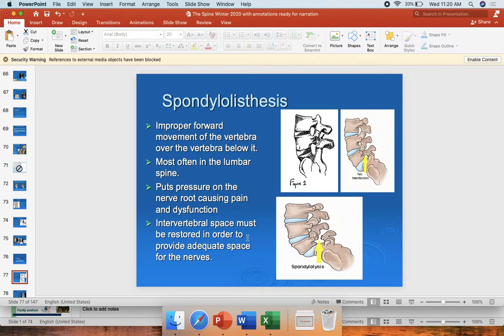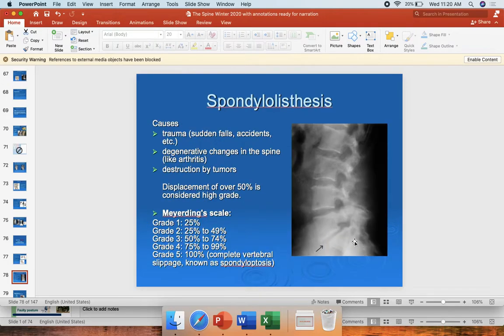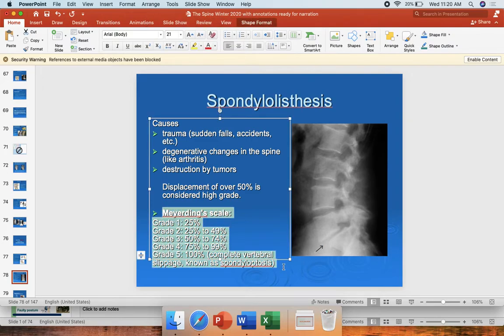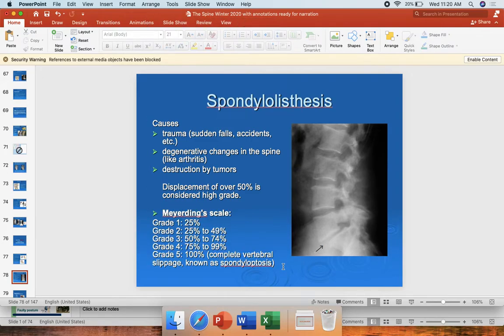So this is a scenario that can happen when both of those pars have become fractured. You can see here where this vertebrae has now moved the entire spinal column a little bit forward, where this vertebrae is now a little more posterior to the ones above it. So there's actually a scale. You can see down here there's a scale that radiologists will use to determine the amount of spondylolisthesis that has occurred.